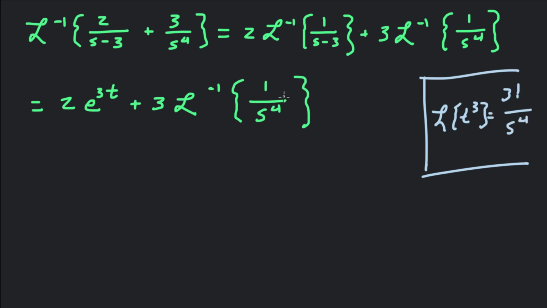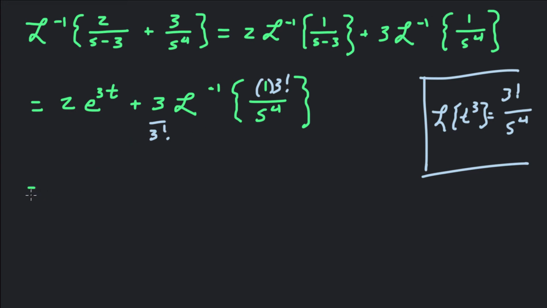So I'm missing a 3 factorial up here. What I can do is multiply by 3 factorial up there, and then divide by 3 factorial, but let me not divide inside. Let me divide outside. Then I can take the inverse Laplace transform and get t cubed right there.